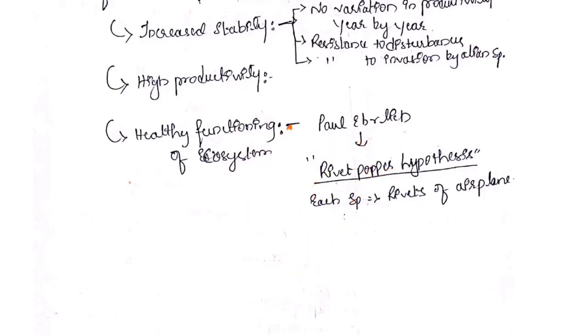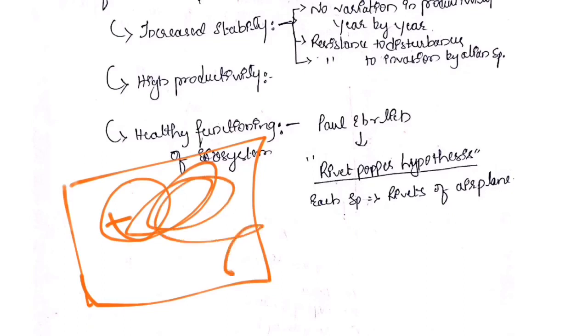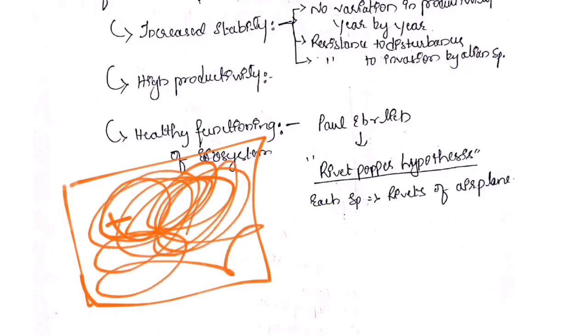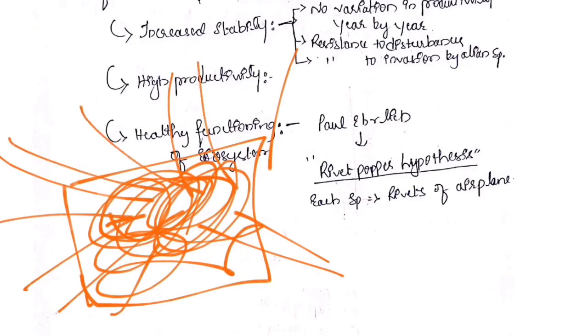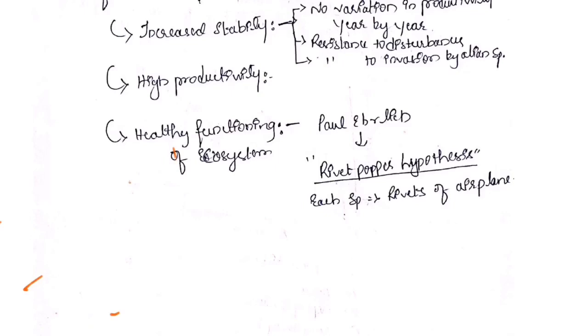In the same way, each and every species is important. All species combine together to form one big habitat. So their functioning will be very healthy and efficient. This is why species diversity should be there.